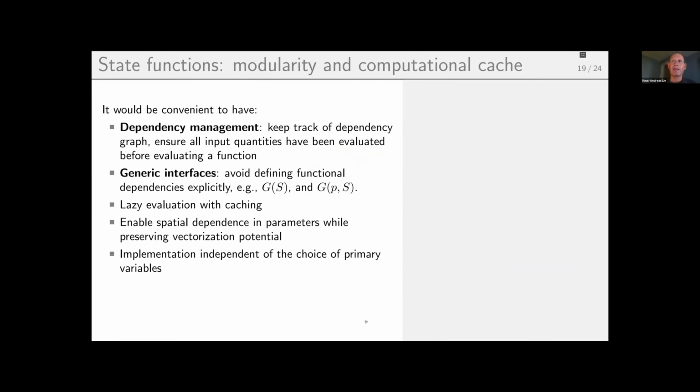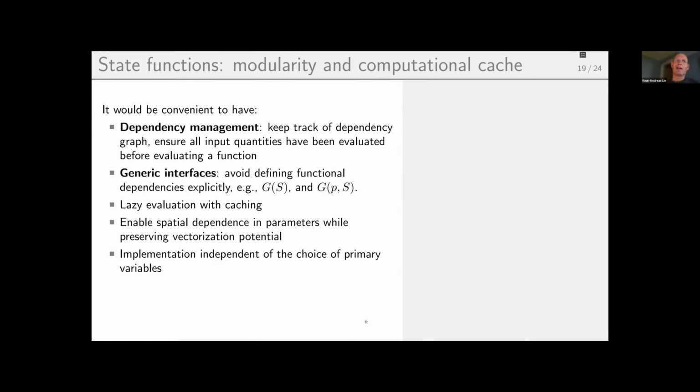Okay, the next thing I would like to say is this thing about state functions. And what we would like to have is kind of dependency management. When you make a very complex simulator, you would somehow like to keep track of your dependency graph so that you know which derived variables depend on each other and so on.